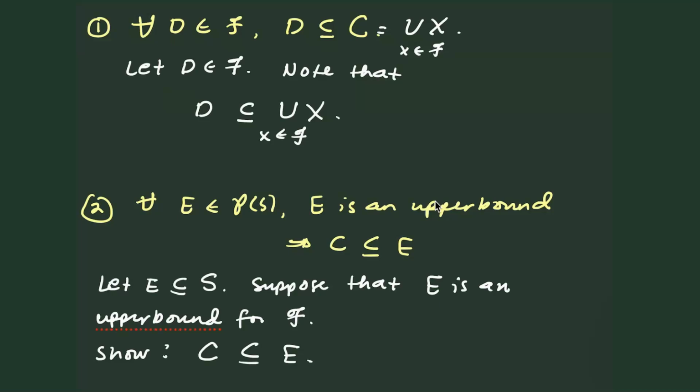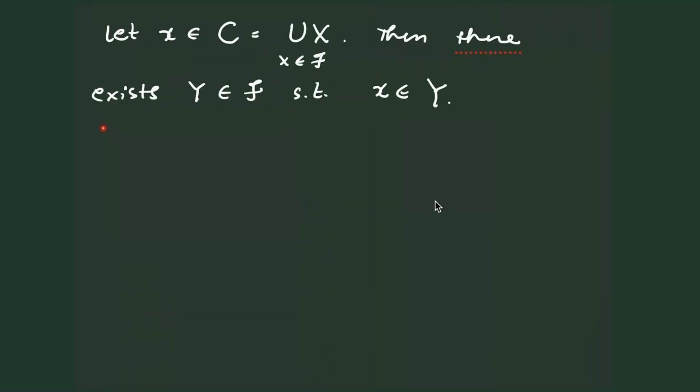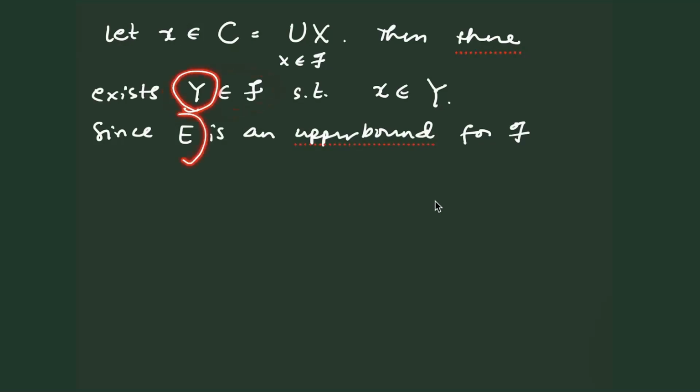We want to show that X is in E. But what is our E here? Our assumption is that E is an upper bound for F. So since E is an upper bound for F and Y is in F, what can we now say about Y and E? Then E must contain Y.